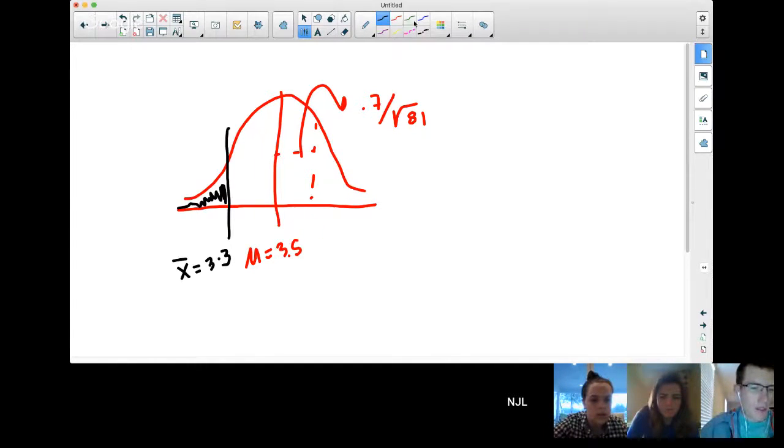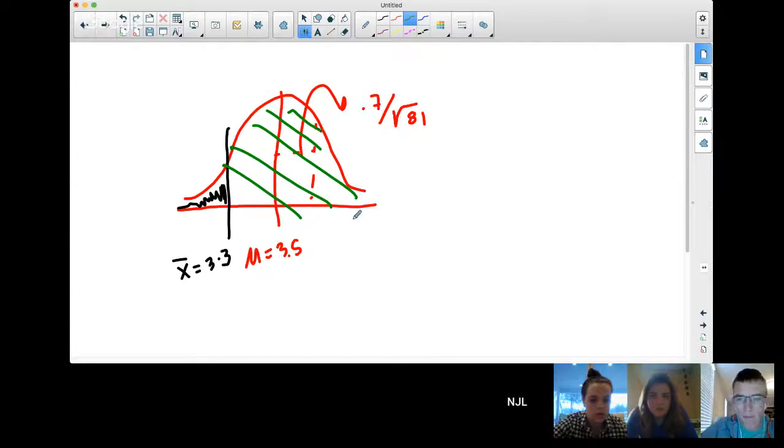Question 14. What is the probability that the mean GPA for 81 randomly selected BYU students will be greater than 3.3? Now it wants all this area. So that would just be 0.994 or 0.995, I guess.